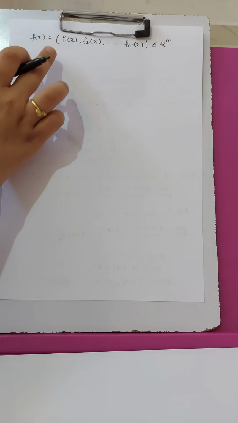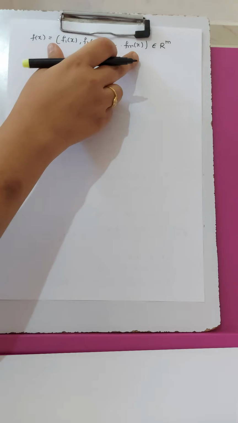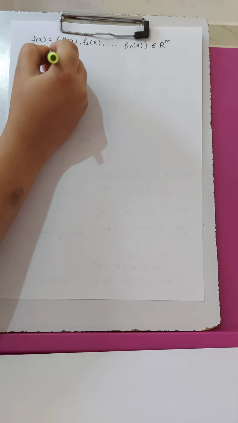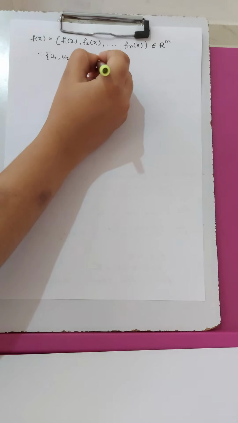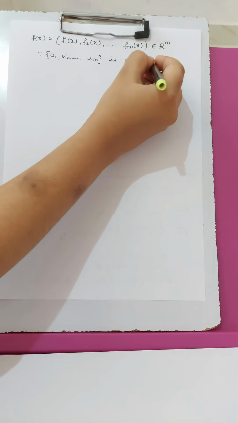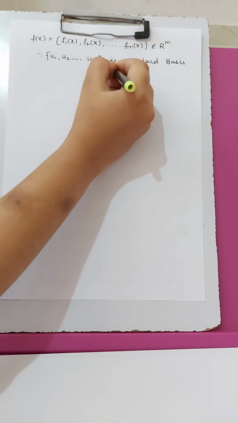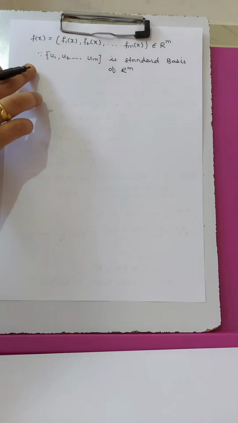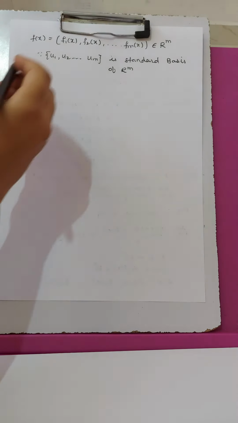Now since u1, u2 up to um is the standard basis of Rm as given, therefore this vector f of x can be expressed as a linear combination of the vectors of this standard basis.